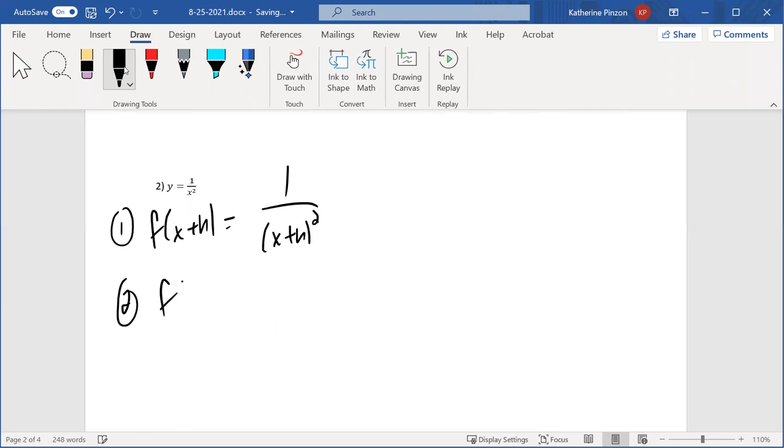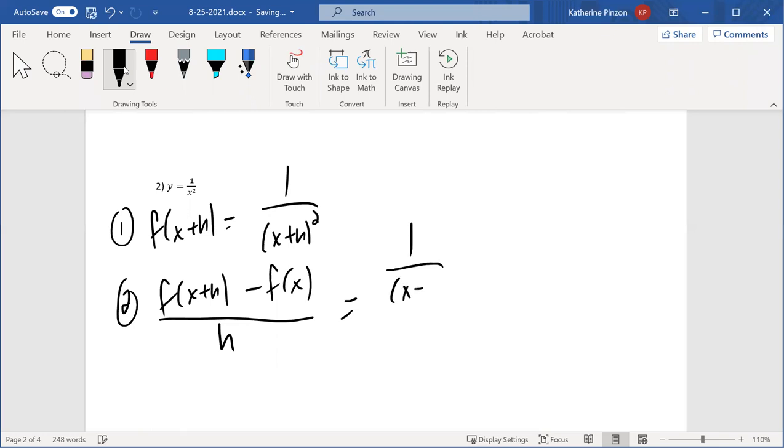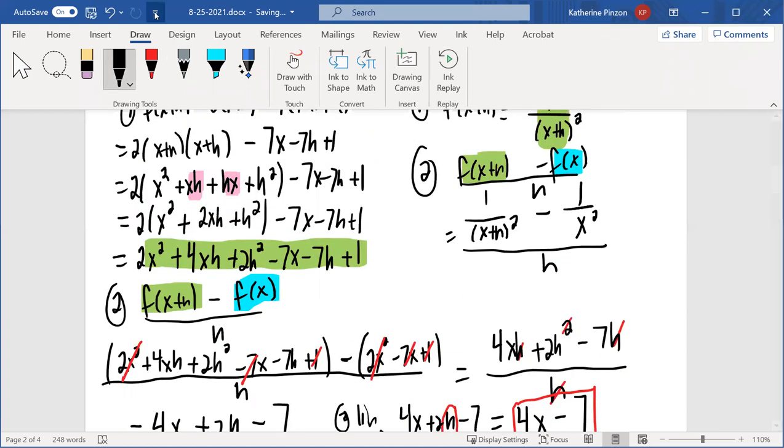Step number 2 is f of x plus h minus f of x over h. So 1 over x plus h squared minus 1 over x squared divided by h. Okay, let me make a note up here. See next page.